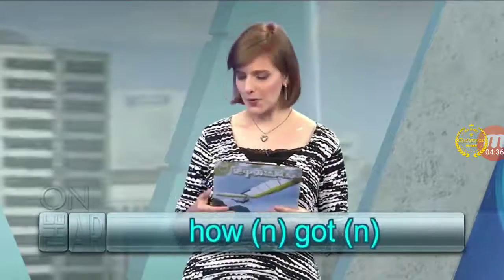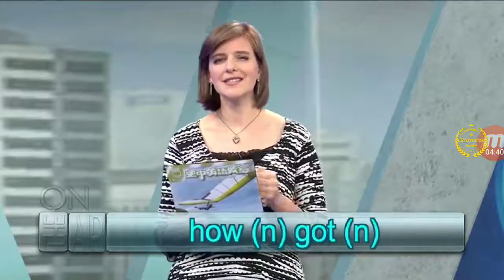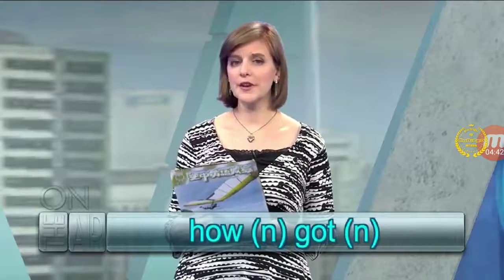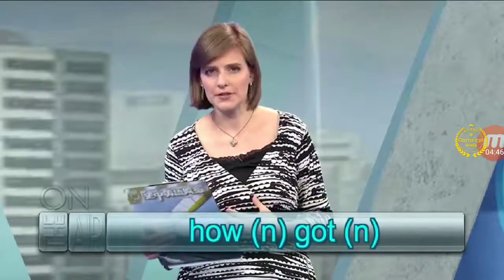Right. Well, today's lesson is called How Chipmunk Got Its Stripes. And we do have something we need to talk about here in the title, and that is the phrase you see right here, how something got something. You can use this phrase when you want to explain how something came about.